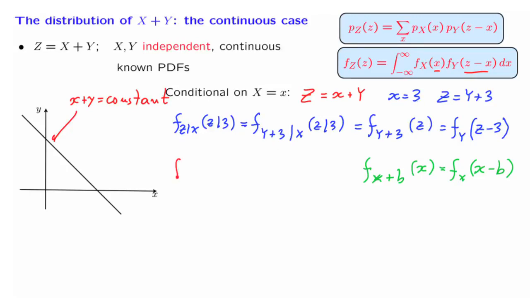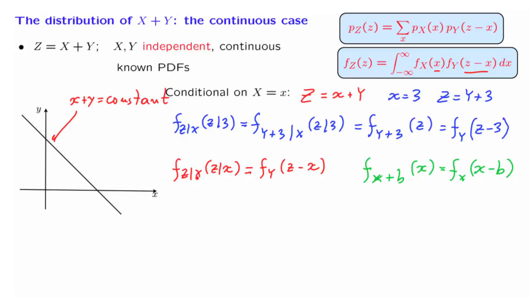And this gives us the more general formula that the conditional PDF of z, given that x takes on a specific value, is equal to, just use little x here instead of 3, it takes this form. So we do have now in our hands a formula for the conditional density of z given x.